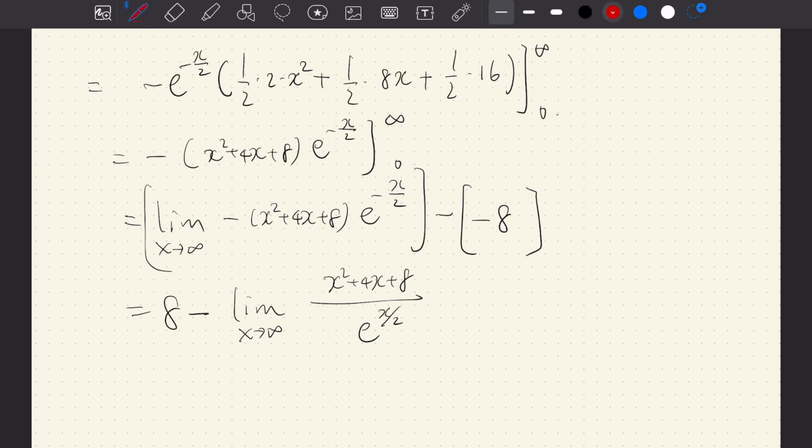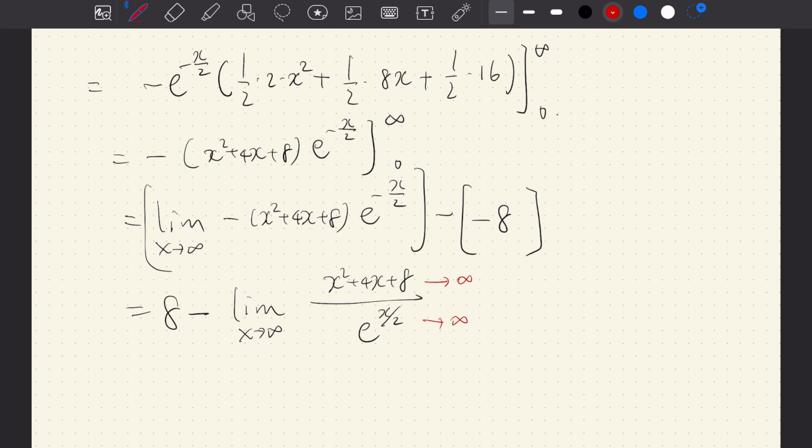Now, when we plug x into this fraction, the numerator goes to infinity, right? x squared plus 4x just goes to infinity. And the denominator also goes to infinity because you're taking the exponential of a very large number.